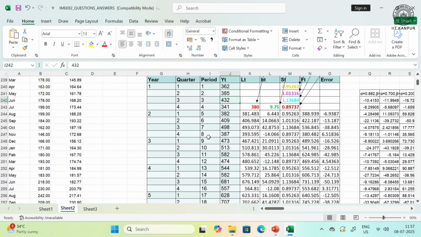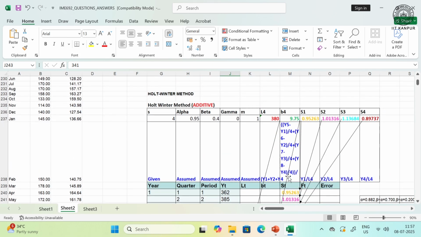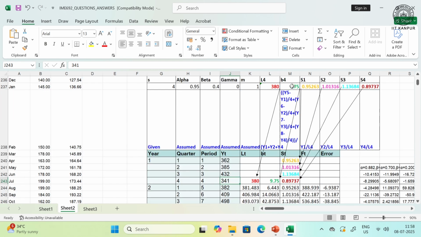The last value would be J247 minus J243, which is the difference between 387 and 341, again divided by 4. You add all these values up and divide by 4, and that value comes out to be 9.75.